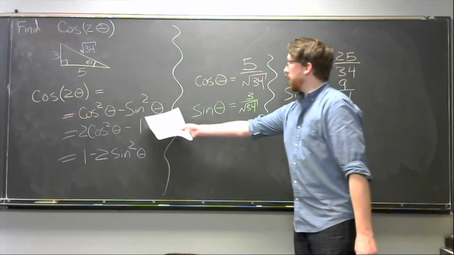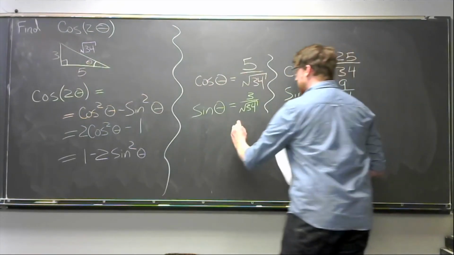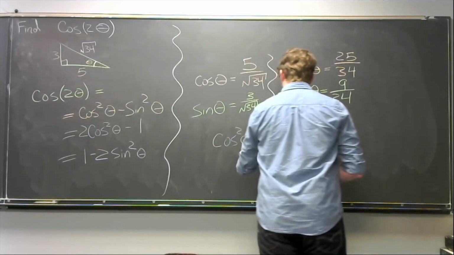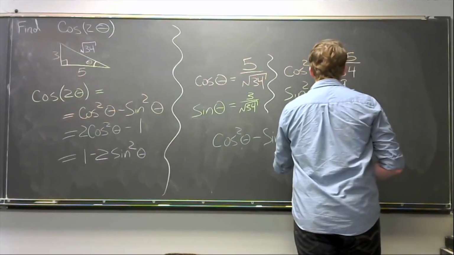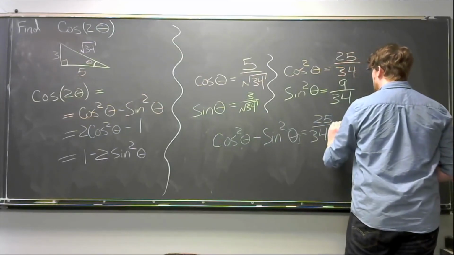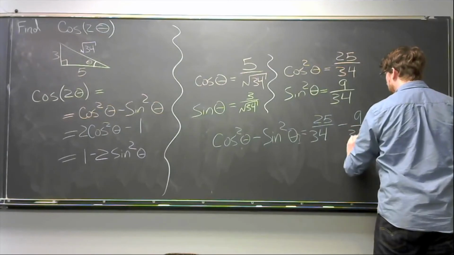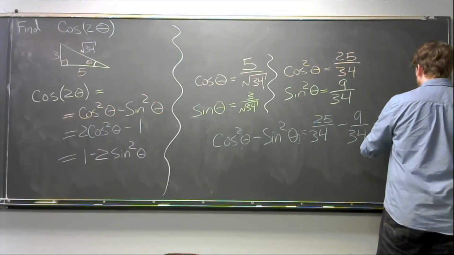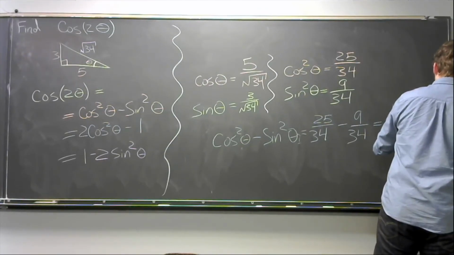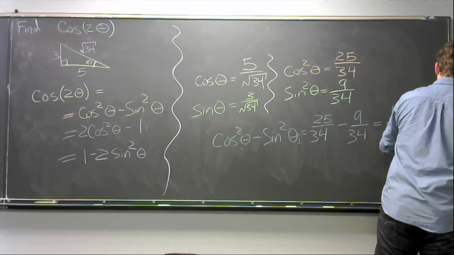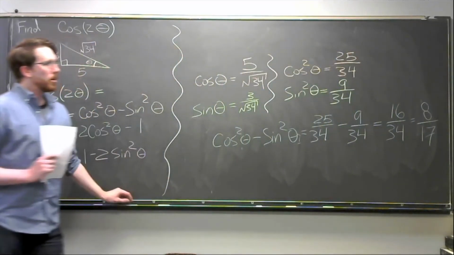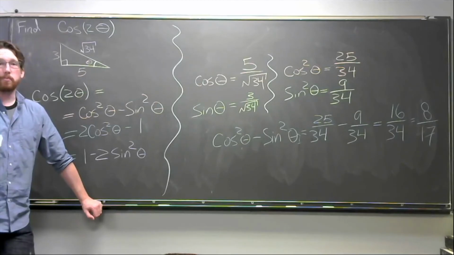So using that first formula, we know that cosine squared of theta minus sine squared of theta is equal to 25 divided by 34 minus 9 divided by 34, which is going to be equal to 16 over 34, or 8 over 17. And that's it.